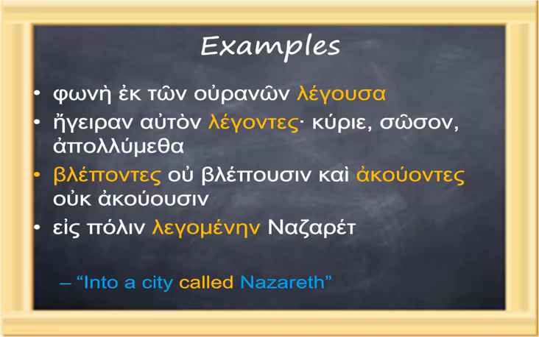In this prepositional phrase, we have an adverbial participle, legomenein, which is passive in form. The action is done on the word with which it agrees, namely the city. Into a city called Nazareth. Obviously, a city that is called Nazareth is always called Nazareth, so implied in called is this kind of ongoing action.